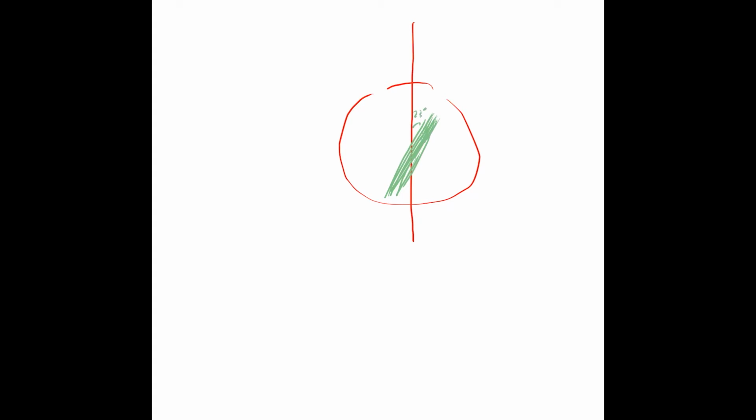So if you want to be parallel, you have to move in abduction by 23 degrees. And if you want to be perpendicular like that, you have to move like 67 degrees.